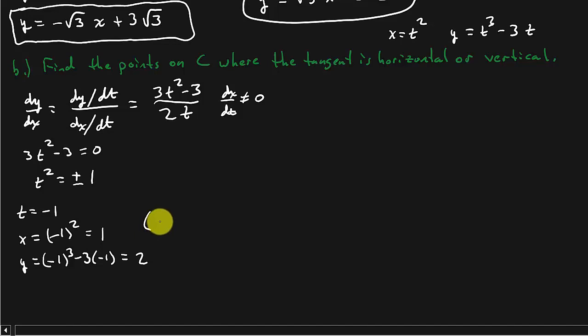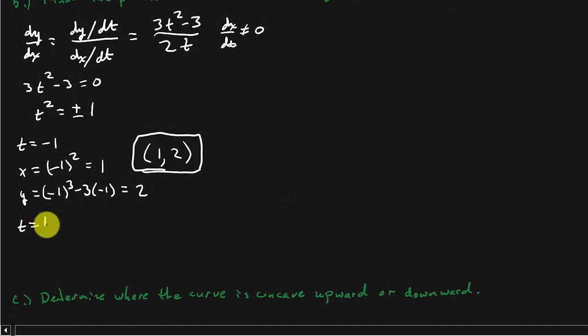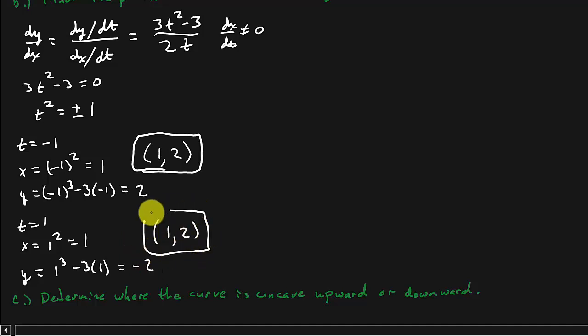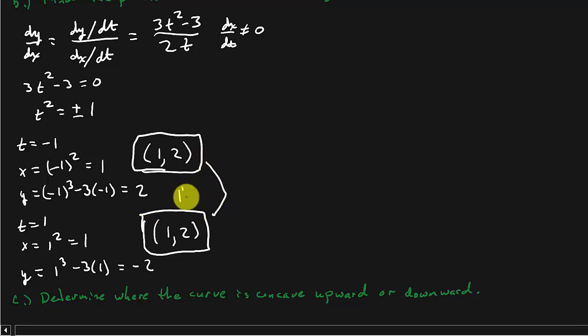So that would be at the point 1, 2. We have a horizontal tangent. And then when t equals 1, x is equal to 1 squared, which is 1, and y is equal to 1 cubed minus 3 times 1, which is -2. And so we have a horizontal tangent at 1, -2. All right, that's pretty easy. That's not bad. So that's our horizontal tangents.